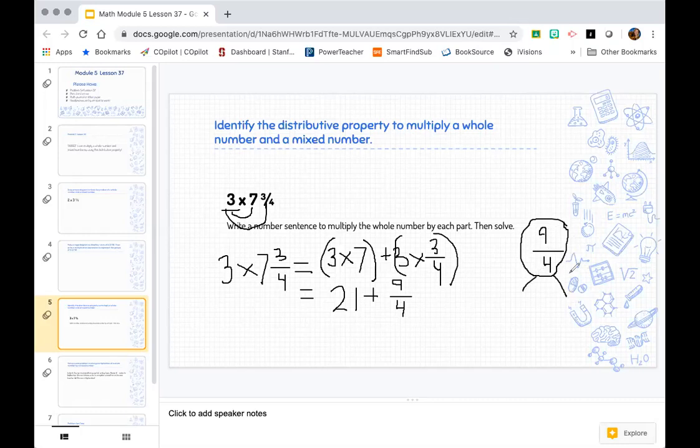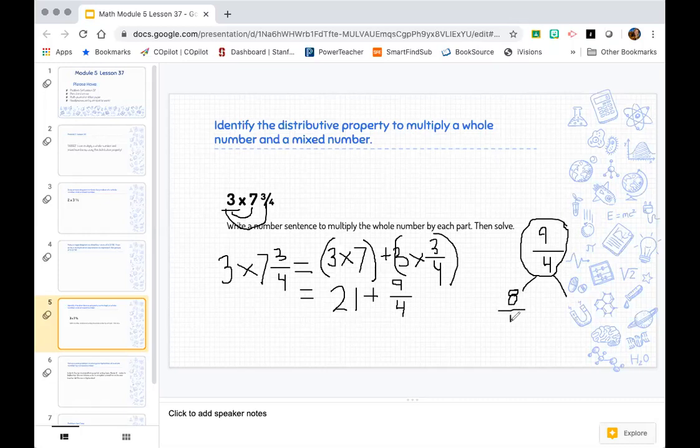Well, bring it back and remember, we're thinking about how many 4/4 or 1 wholes go into 9. So we could do 4/4, which would be 1 whole. And then 4/4 plus another 4/4 is 8/4, right? Can I go any more than that? No, because I would go over 9.